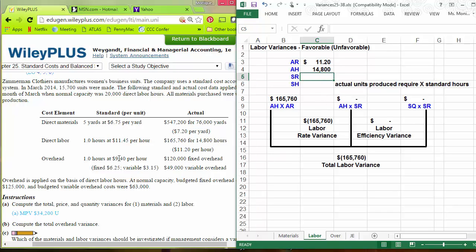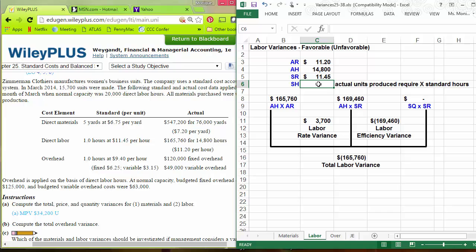And then our standard rate will be, let's see, direct labor hours, $11.45. So let's punch that in, $11.45. And then we have our standard hours. Now, again, the standard hours are at the actual units produced require how many hours? Well, it's 15,700, and the standard is 1 hour for one suit.